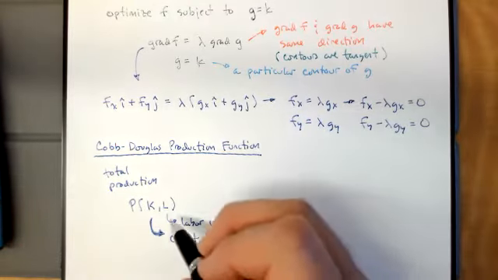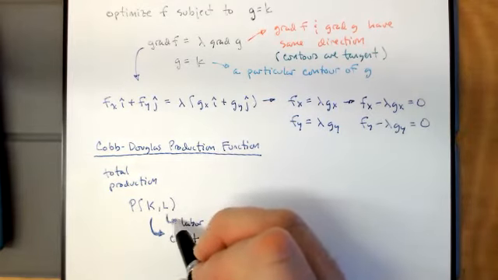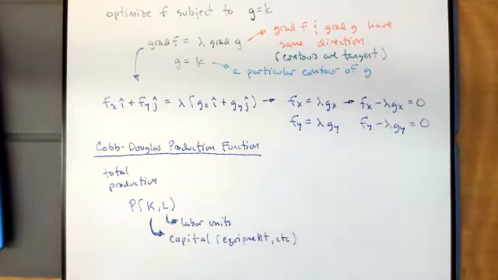So capital will be our equipment, our machinery, stuff we got about building, maybe. The labor, so our total production is a function of capital and labor.